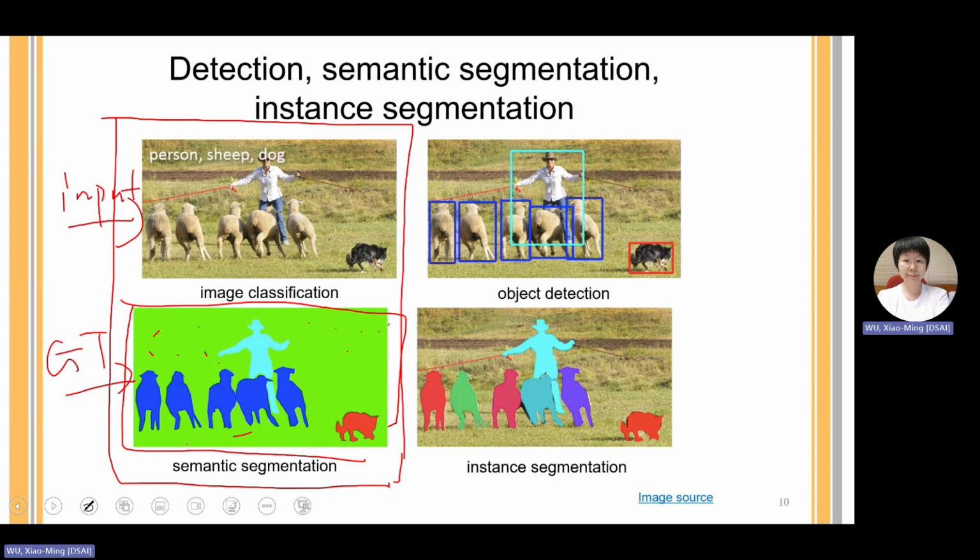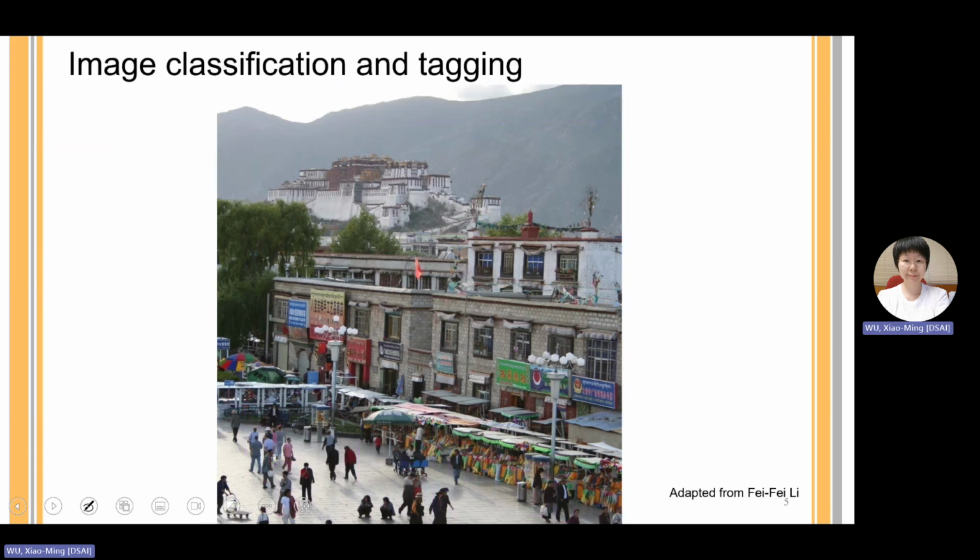Okay, so from this perspective, semantic segmentation can be considered as a classification task at the pixel level. Previously we said that when we do image classification, we assign a category or a class label to the entire image.